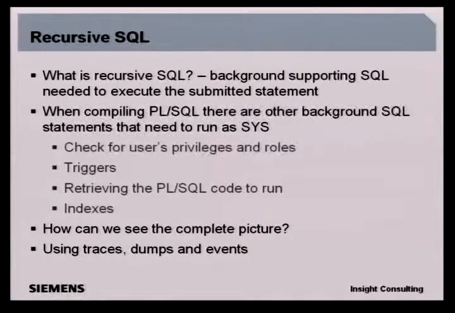And you can set different levels of trace. You can set some special events that do different things. The general trace event is 10046, and you can set that to run at different levels. You can either just get the simple trace, or you can get the bind variables and the wait events as well. It's also possible to dump data from the shared memory segments and also from data files in the database with dump commands, which we'll look at later as well.